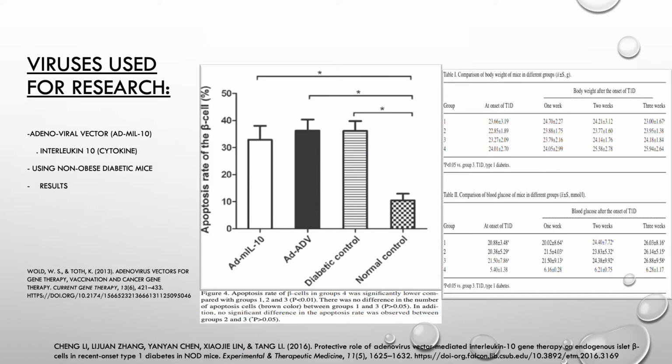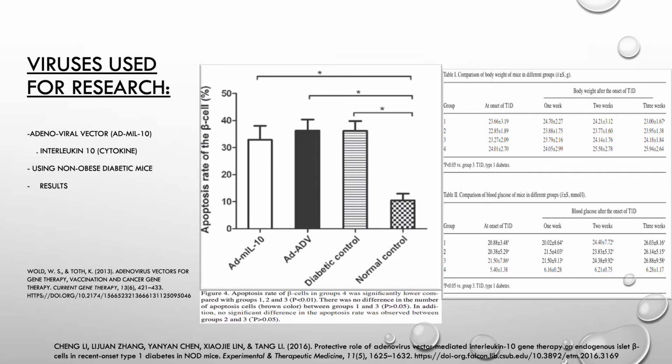So this study focused on the adenoviral vector, which has an icosahedral protein capsid that creates a strong immune response for many people, including diabetics.